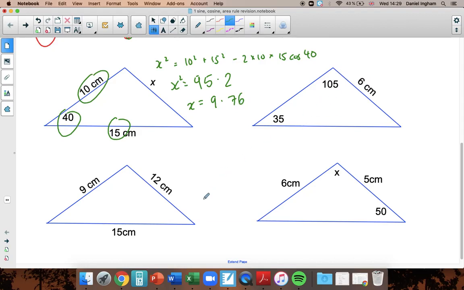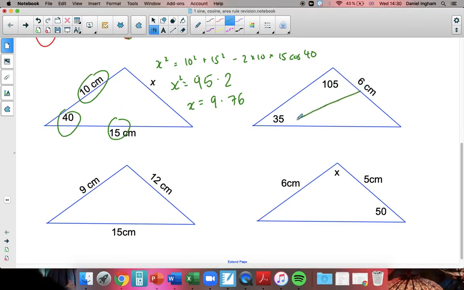And then looking at this one. Notice also with the previous one, you could have also found the area very easily because you've got SAS. With this one, you've got a side and its opposite angle, and you've got an angle and its opposite side. So you could use the sine rule very easily.